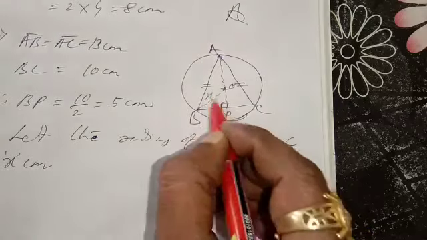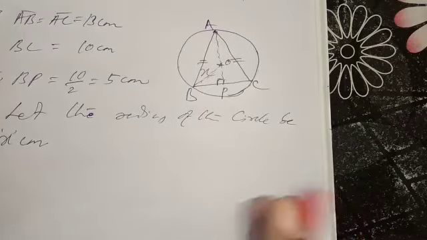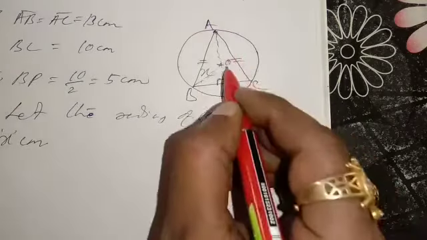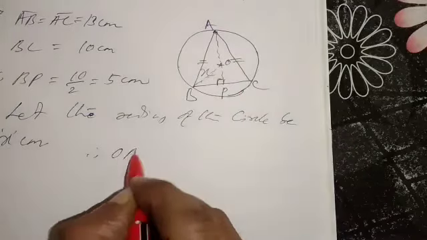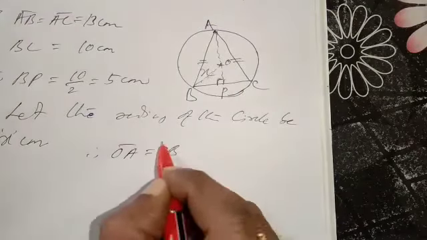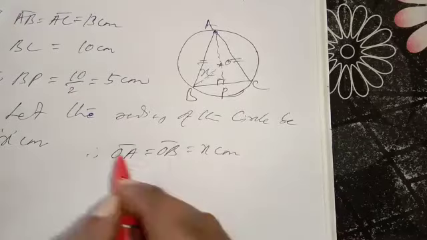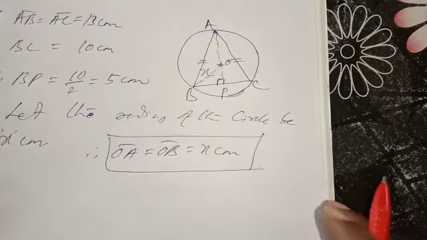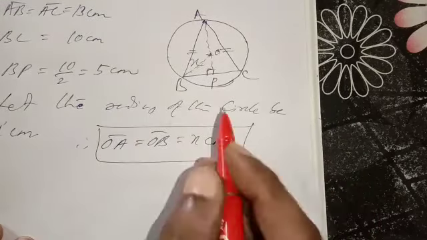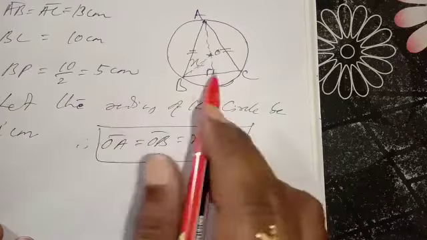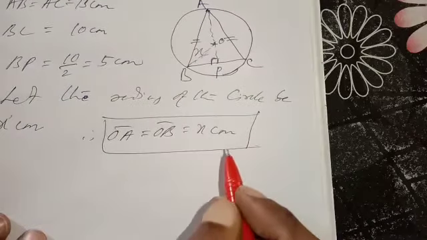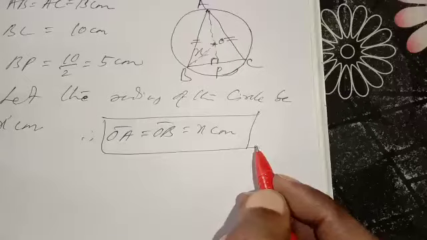That means radius equal to x. Therefore, OA is equal to OB is equal to x centimeter. Radius equal to x centimeter, and BP you got 5 centimeter. Now, OP will be how much?